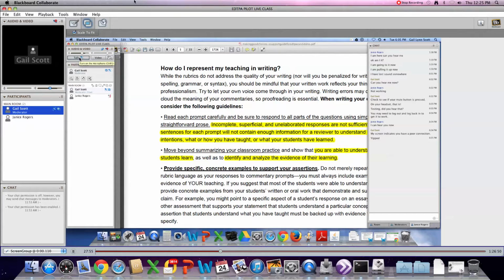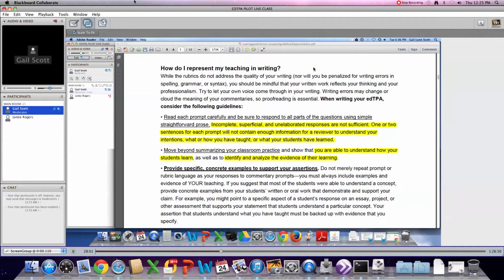Okay, Janice, I will back up and go over what I was saying, although I've highlighted the key points. You have to prove to the person who's scoring your portfolio that you understand how your students learn, since you're teaching a small group, and you're able to identify and analyze evidence of their learning.